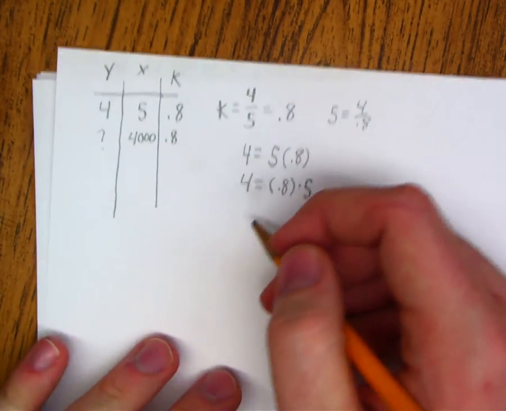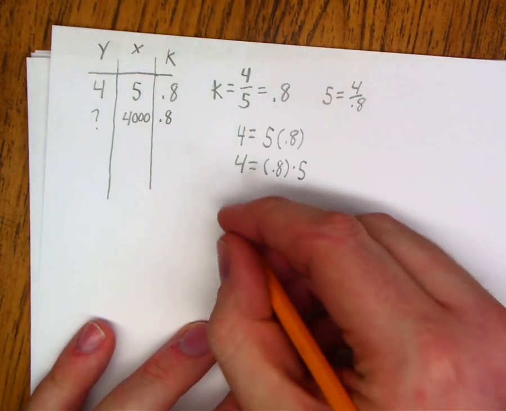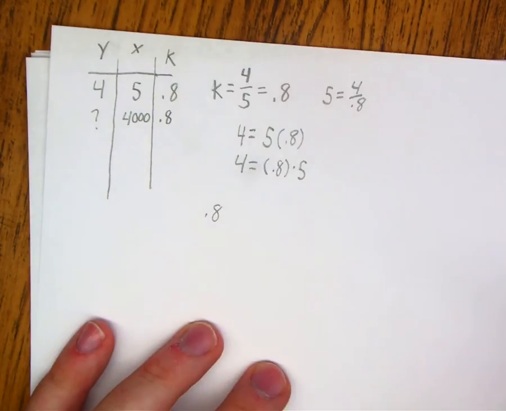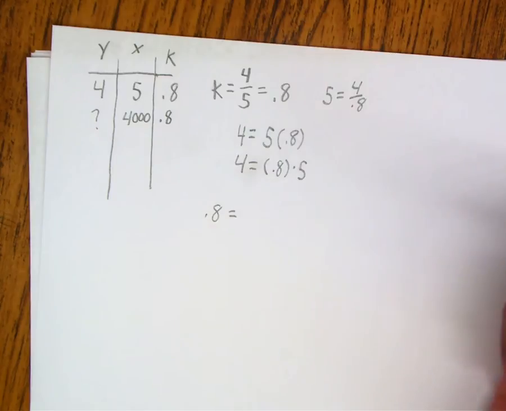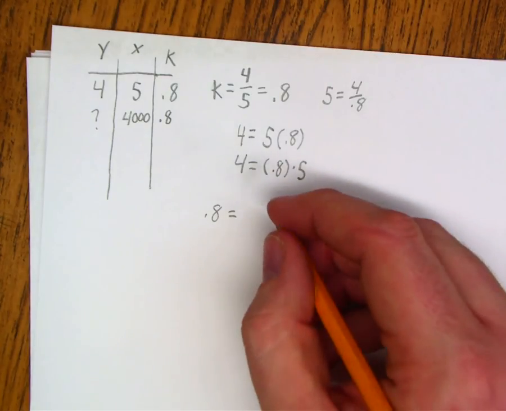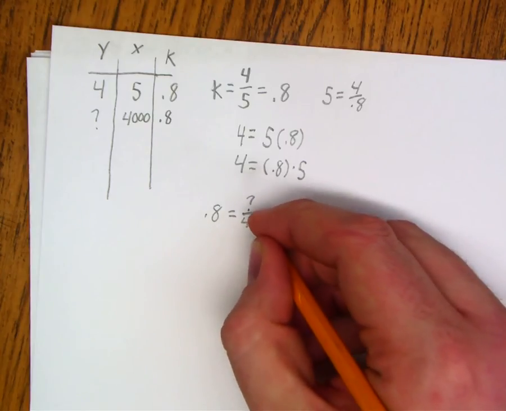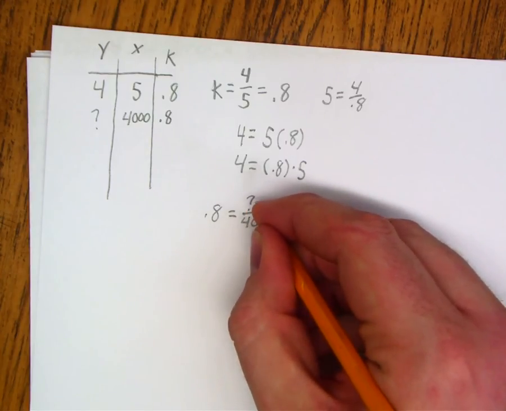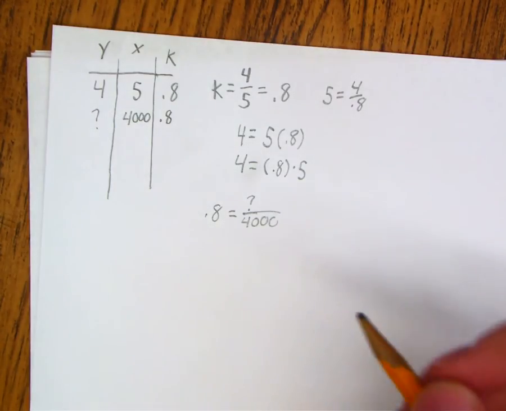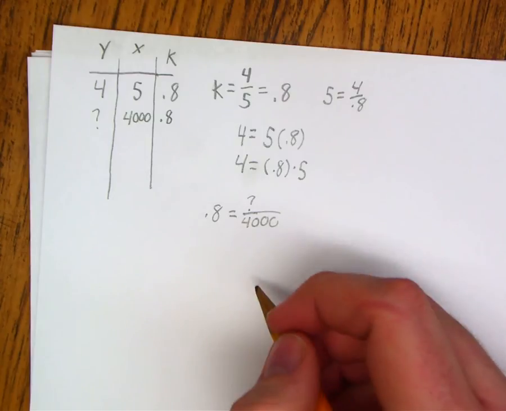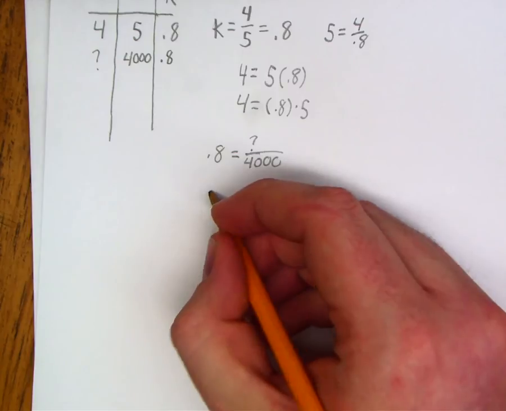So what we can write here is that 0.8 is equal to our question mark over 4,000. We can also write it as, let's see here, gotta think on this for a moment.